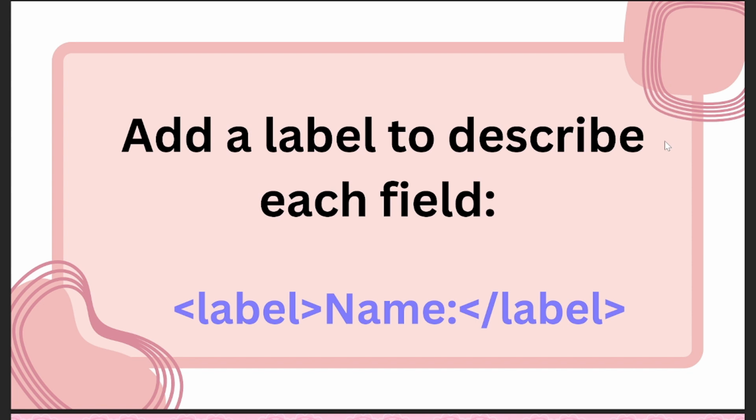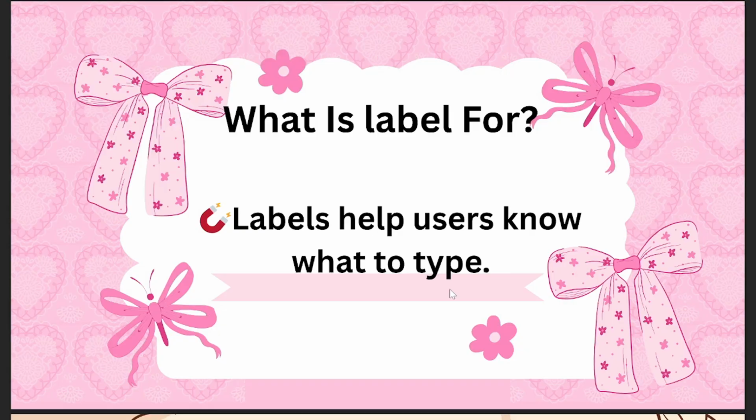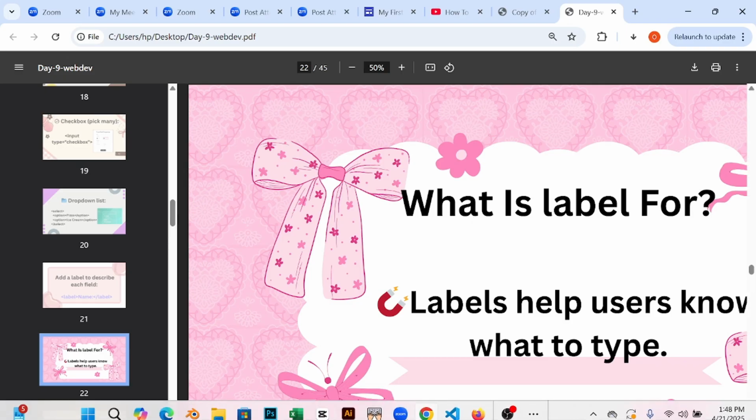A label allows you to give it a title, like this is what I want you to do here, okay? Now, how do you write it? You use the label tag and then write whatever you want to write right inside. And label helps users to know what to type.